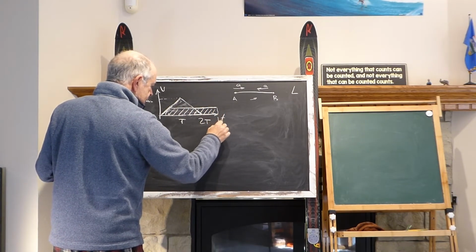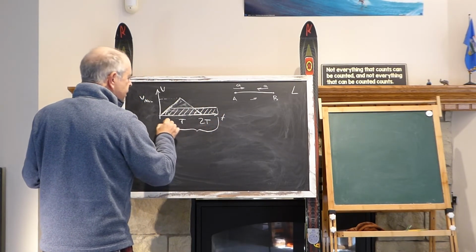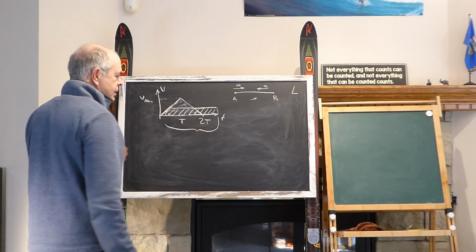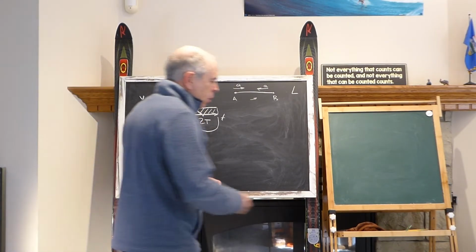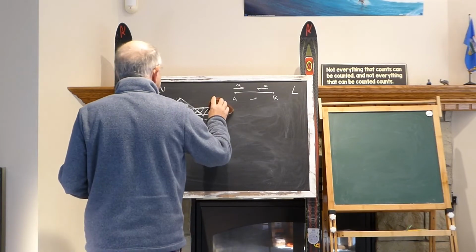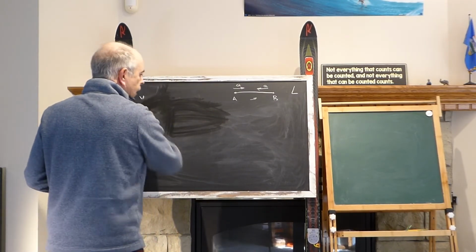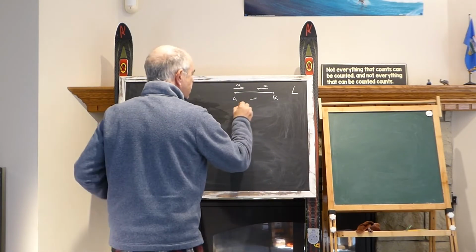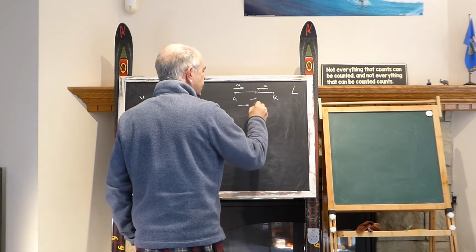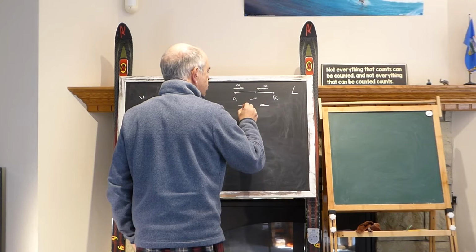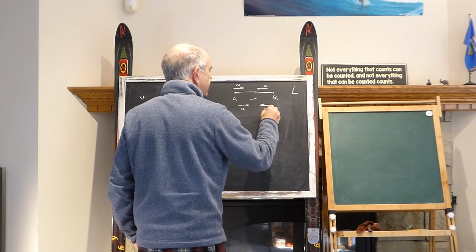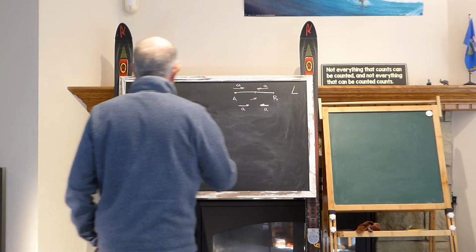The only thing is this time would be bigger than this 2t. So it's kind of obvious that we have to go the first half with acceleration and the second part with deceleration. So here we accelerate, here we decelerate, and this is L.